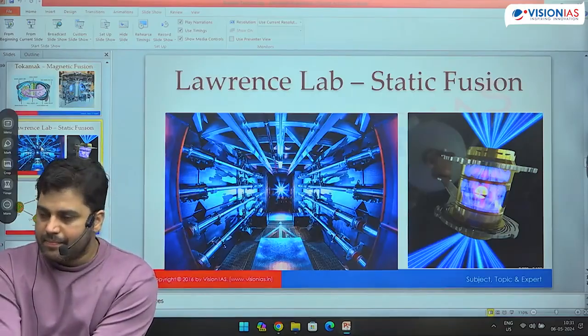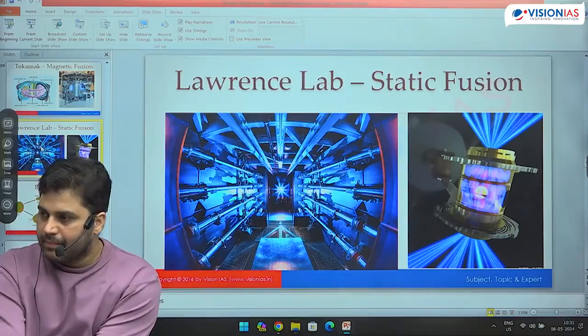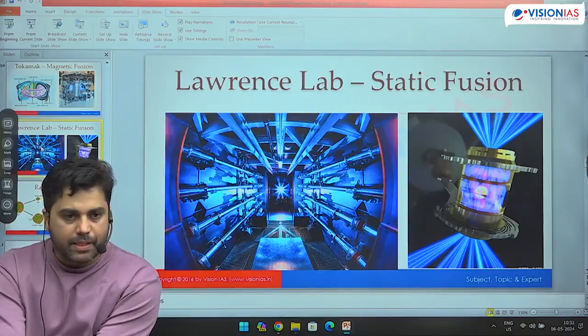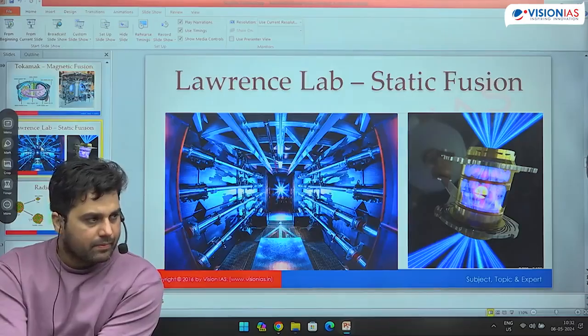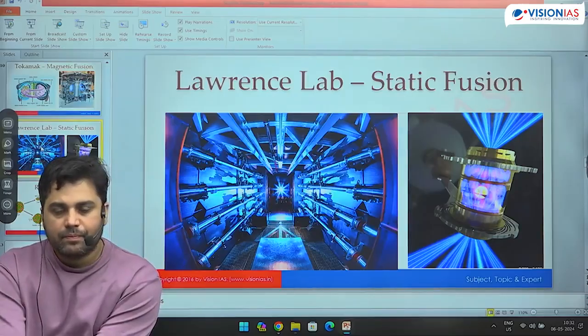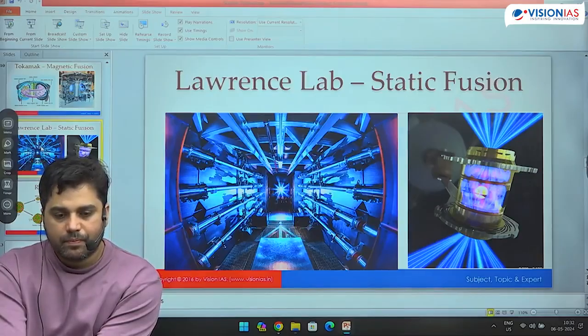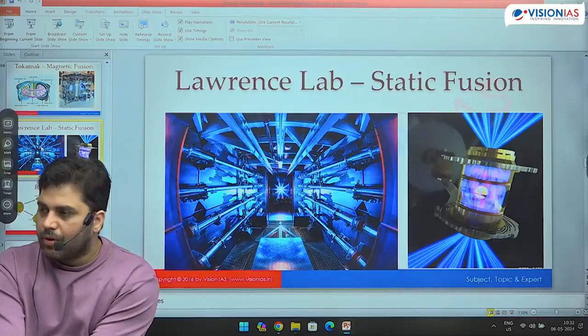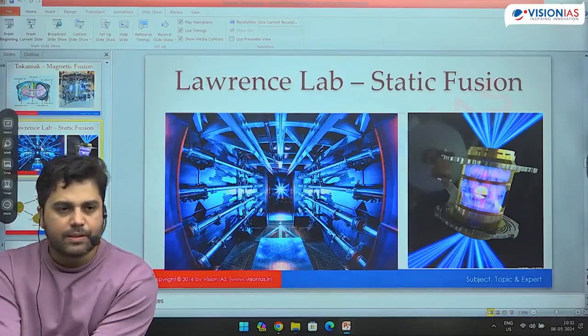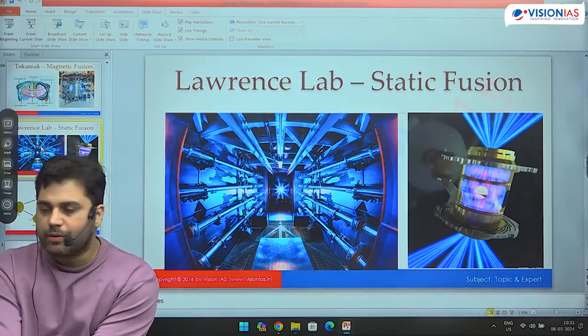And tritium, which can be made in a lab. All of these benefits of fusion you can mention if there is a question about nuclear fusion benefits.